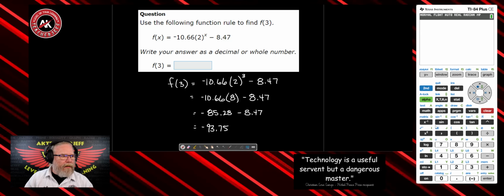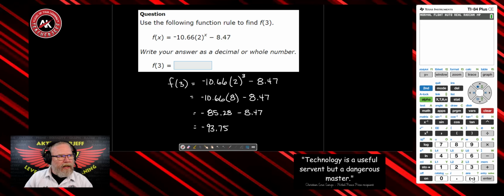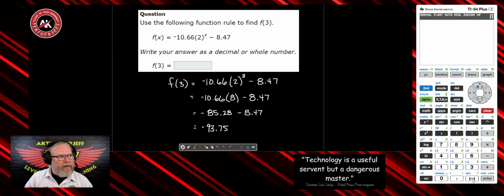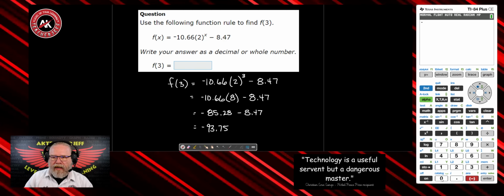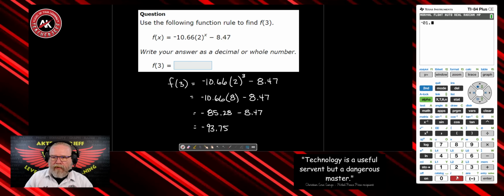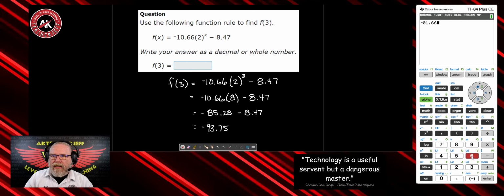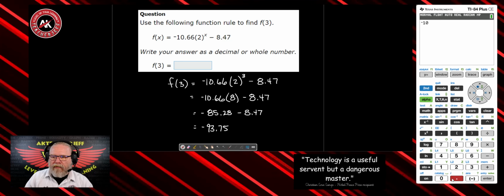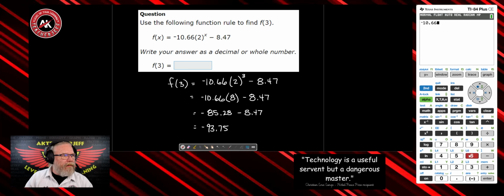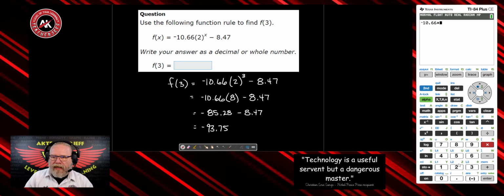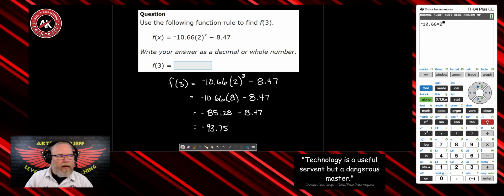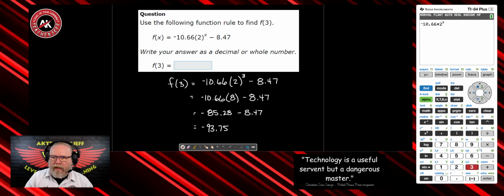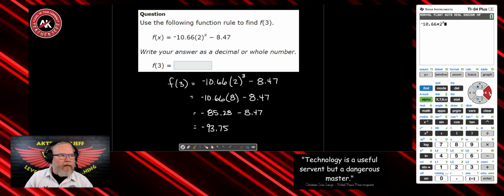Now let's try to plug the whole thing into the calculator and see if we get the same result. Am I going to need parentheses? No, I don't think I will. So let's try it. Negative 10.66. Clear. Hold on. Negative 10.66. There we go. And I want to multiply that times 2 to the power of 3. Arrow button to get it out of the exponent.